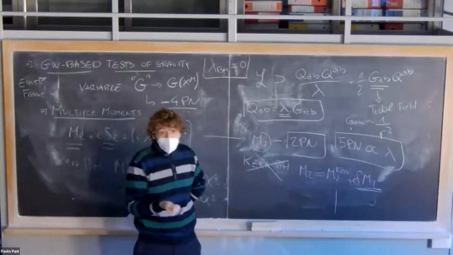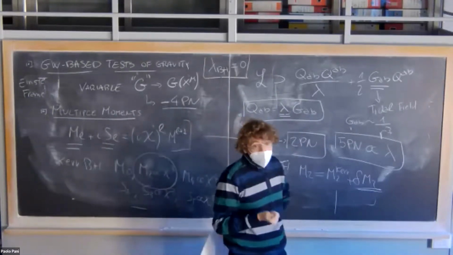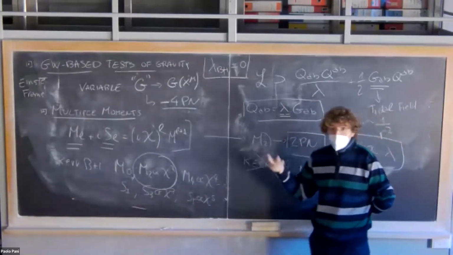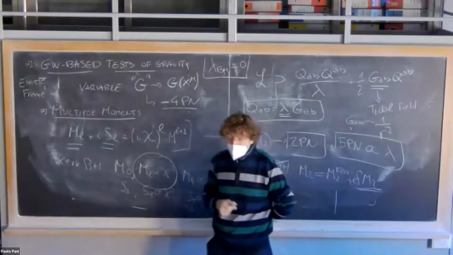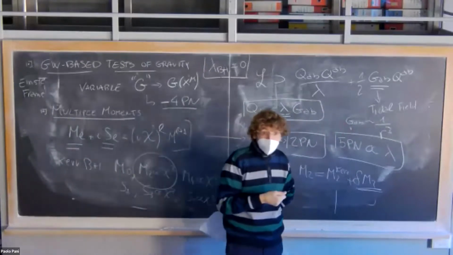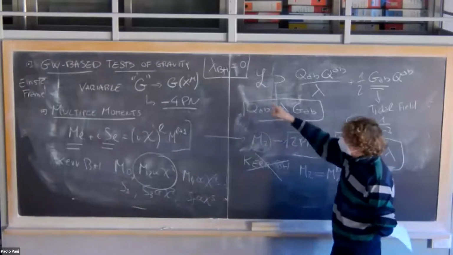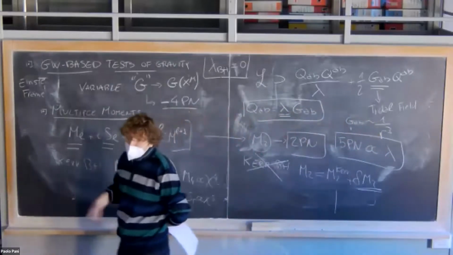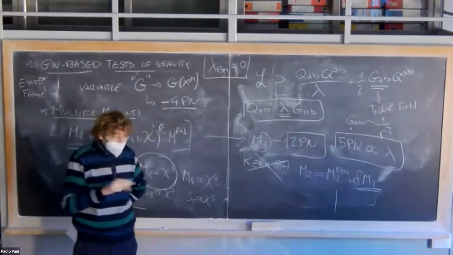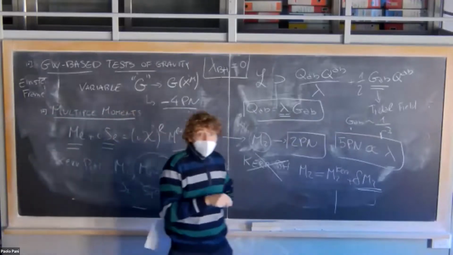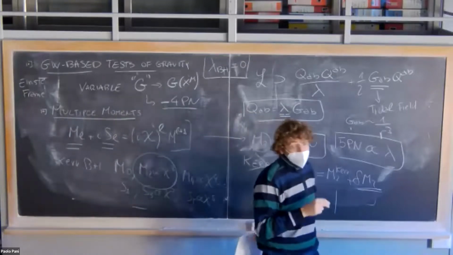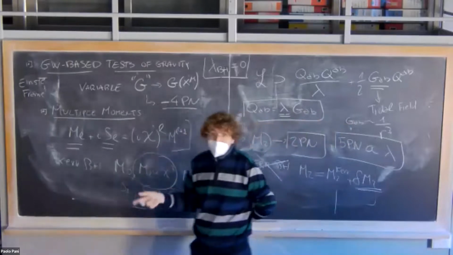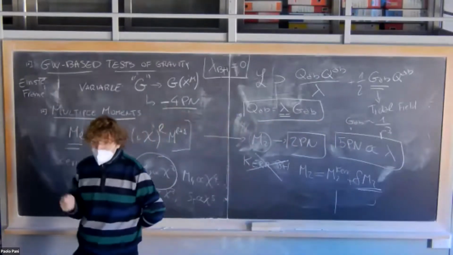For example, measuring a compact binary with masses of, say, 10 to 30 or 50 solar masses, so masses that cannot be explained by neutron stars, but measuring a non-zero tidal number would be a clear indication that something is going beyond our standard paradigm, because in GR there is no expectation that the tidal number for a system with masses bigger than, say, 2 or 3 solar masses should be non-zero.